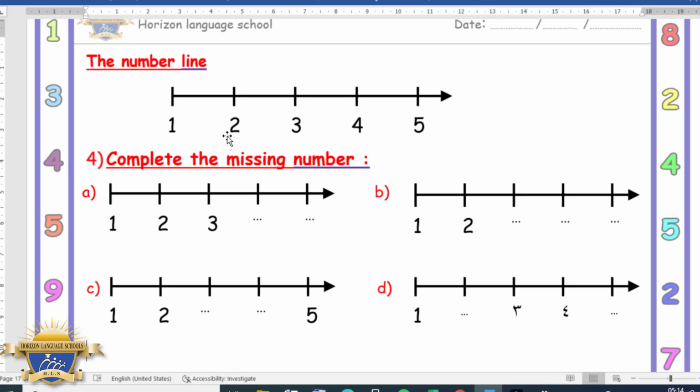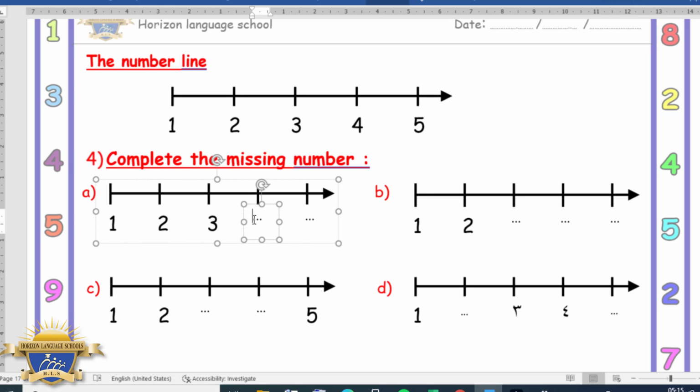So I can say that 2 is less than 3, and I can say also that 1 is less than 3, and I can say that 4 is greater than 3, and that 5 is greater than 3, and also 5 is greater than 4.